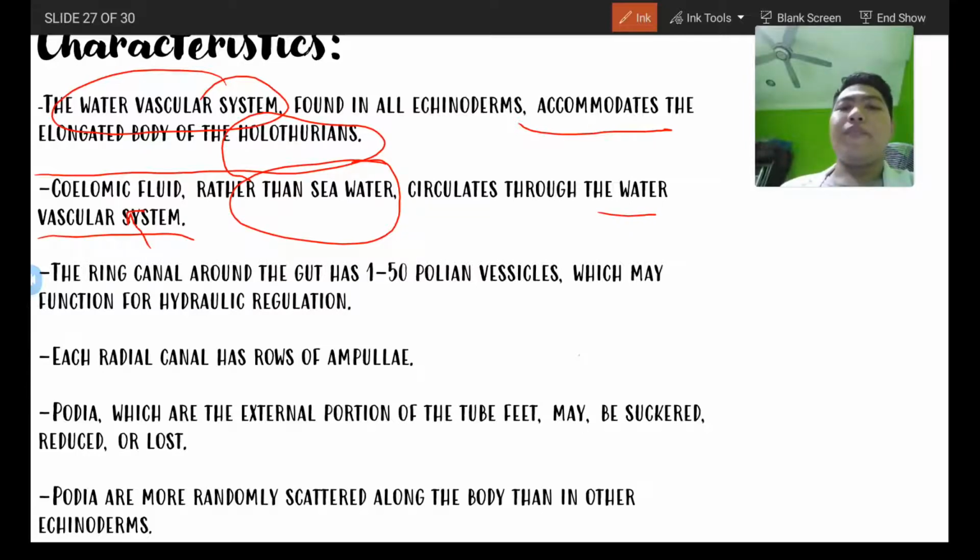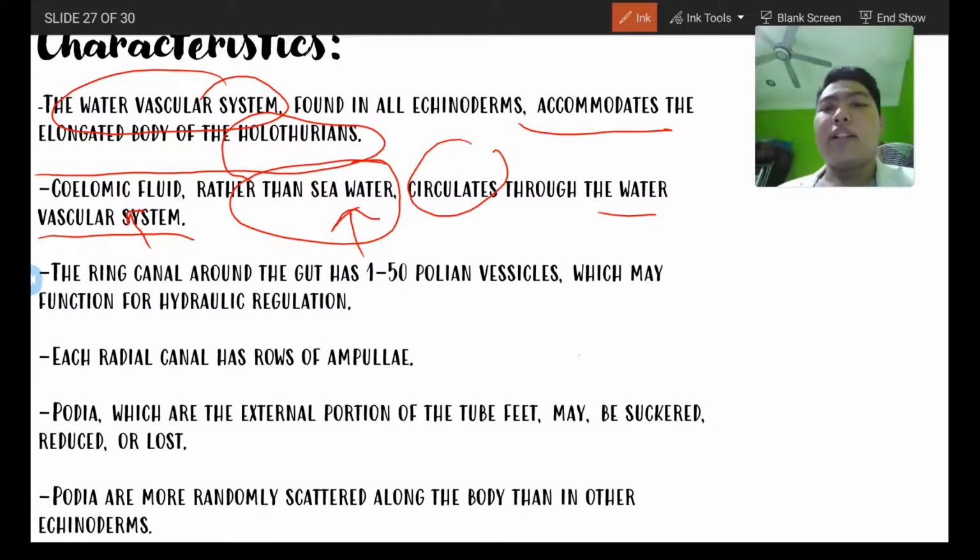So other echinoderms use seawater to circulate through their body for the water vascular system, but not holothurians. The holothurians use coelomic fluid to circulate through their body for the water vascular system.